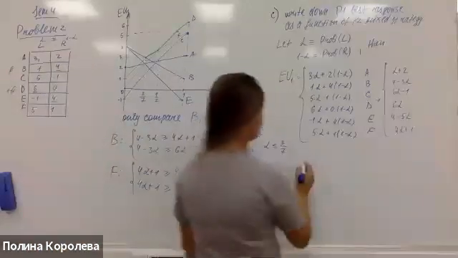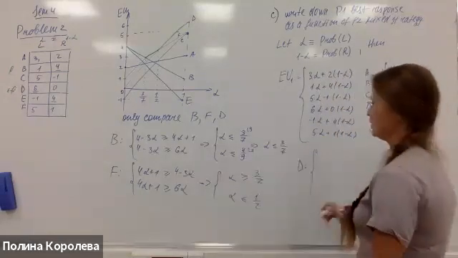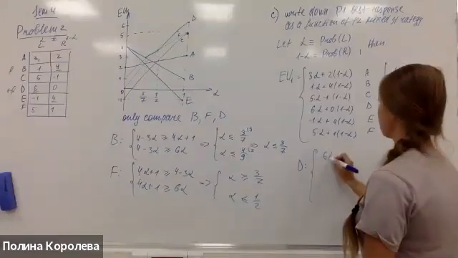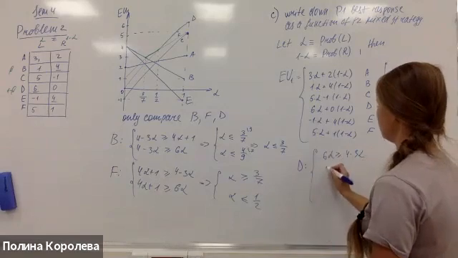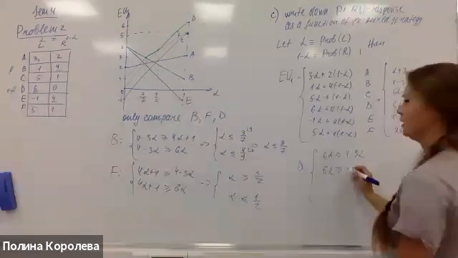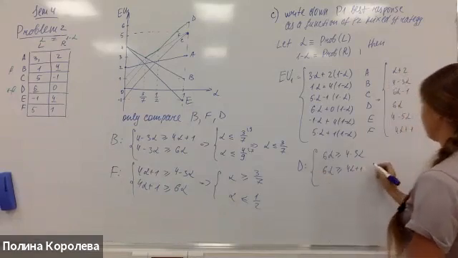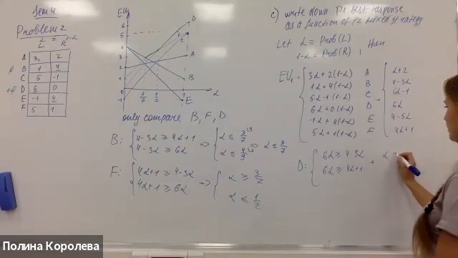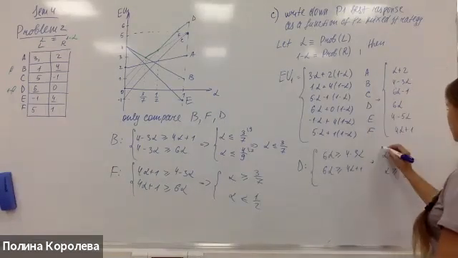And next, last, D. Simple. From D, 6 alpha should be greater or equal than 4 minus 3 alpha, this from B, and 6 alpha greater or equal than 4 alpha plus 1, this for F. And you see that it's true when alpha greater or equal than 4 divided by 9 and alpha greater or equal than 1/2.